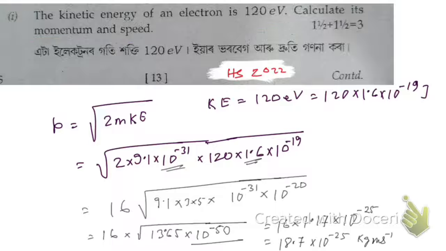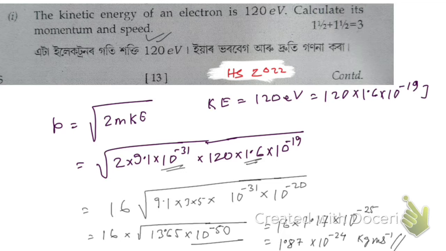So if we write this answer in standard form, if you bring the decimal here, then it's gonna be 1.87 into 10 to the power minus 24. This is the momentum, right?